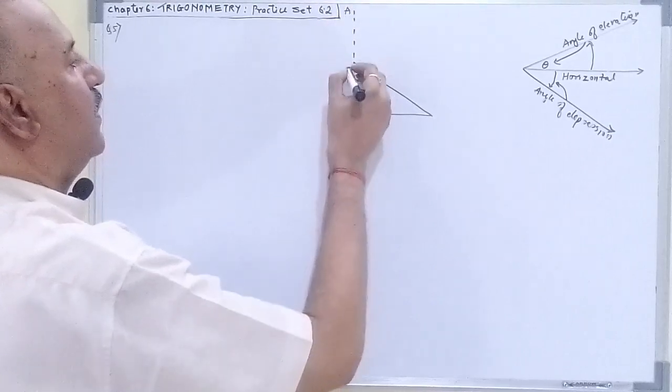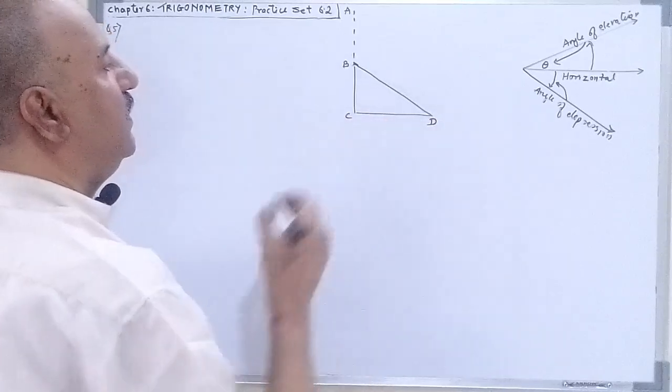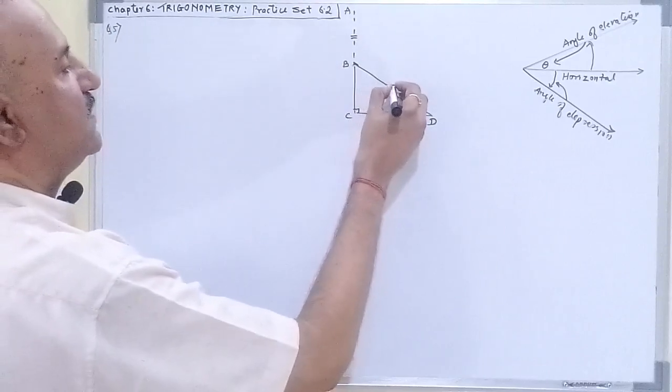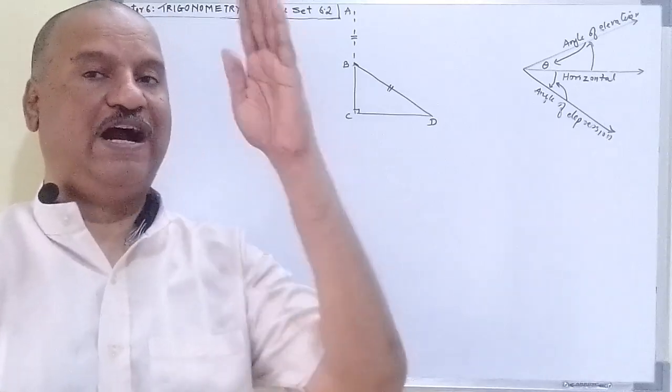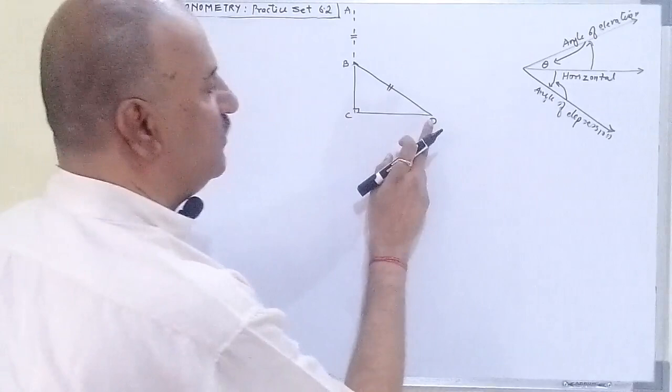A, B, C, D. This AB is same as BD. वो जो झाग टूटा ना, वो गिरा है. It touches the ground at point D.